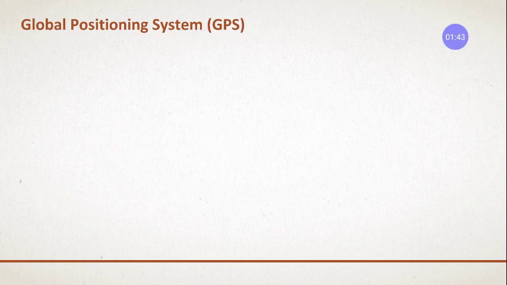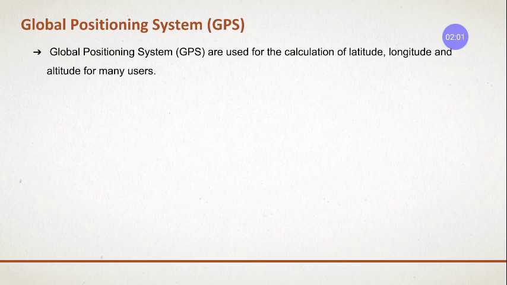It is not only you, it is the device you're holding. This global positioning system is of the US. So we'll go in deep. This was a brief definition: it will help you find out your location.